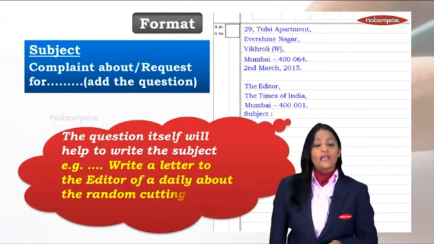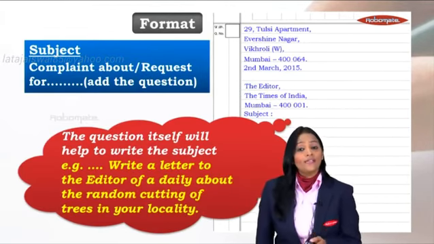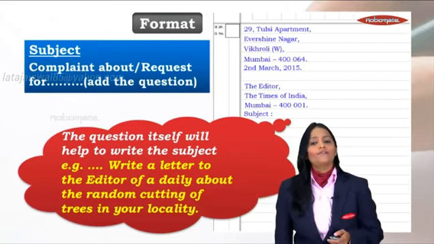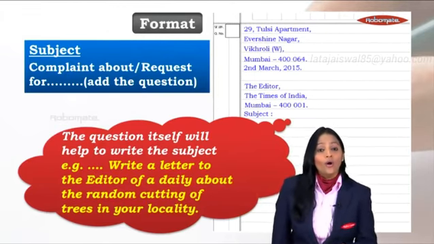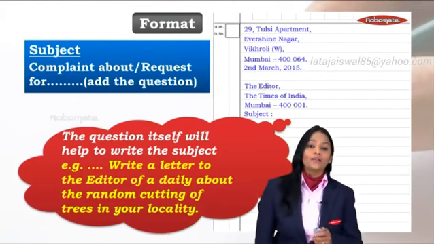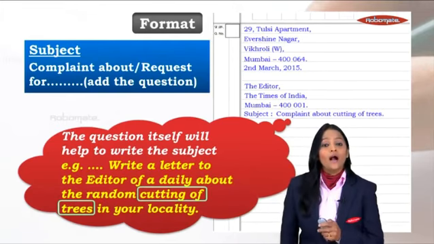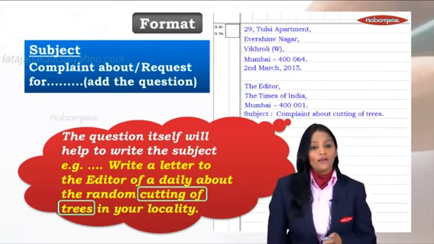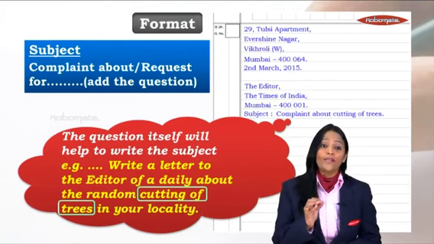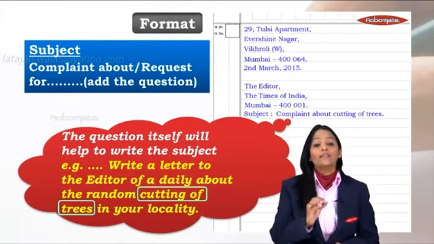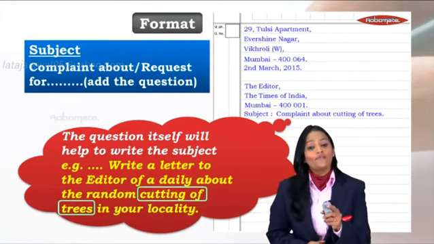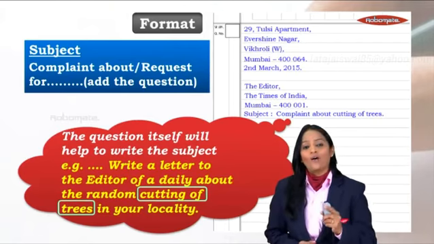Now, what is the question? Write a letter to the editor of a daily about the random cutting of trees in your locality. So, we know the complaint is about cutting of trees. So, you will say complaint about cutting of trees. Students, very important, complaint with a T, because it's a noun and you have to write the subject in a noun form.